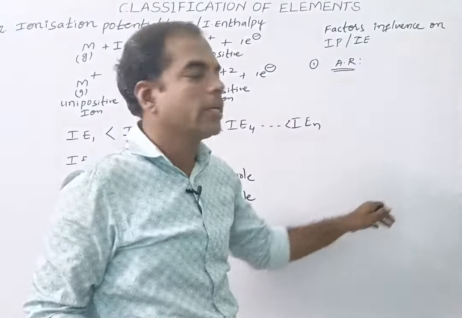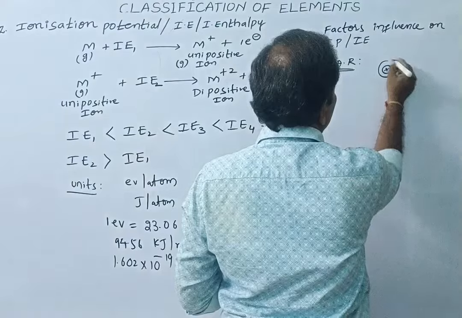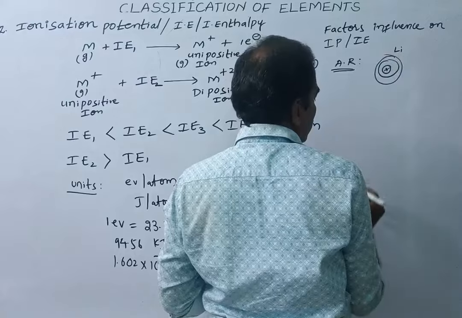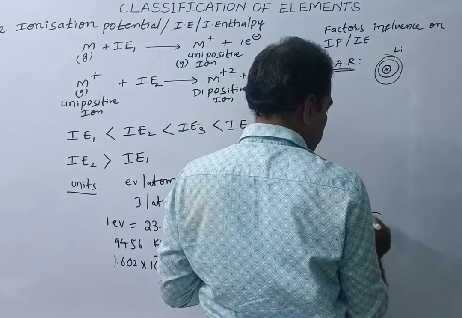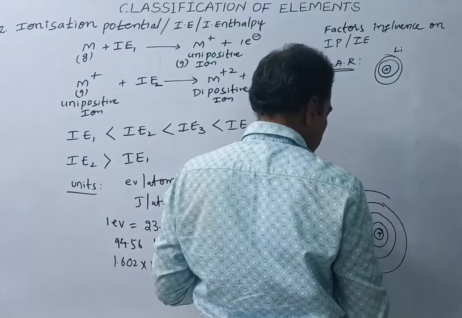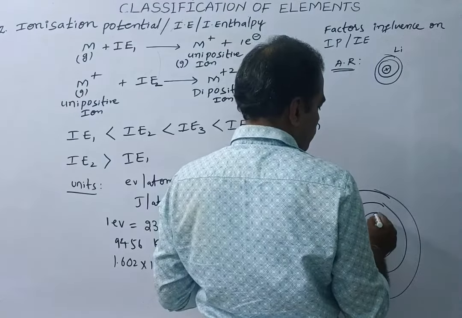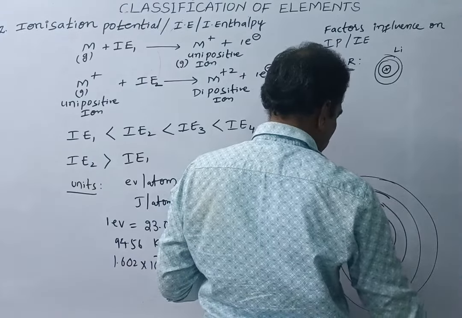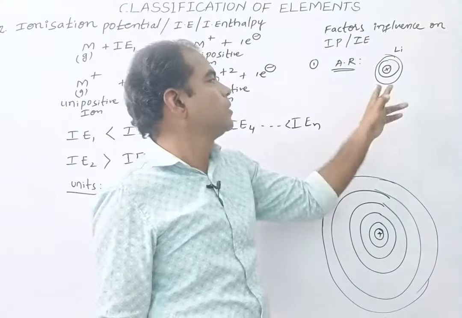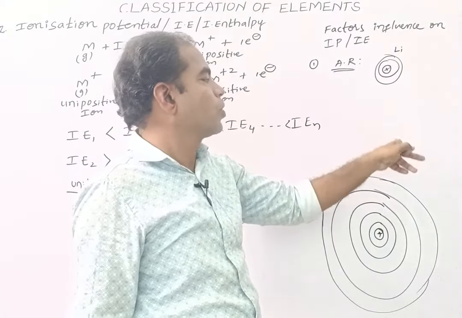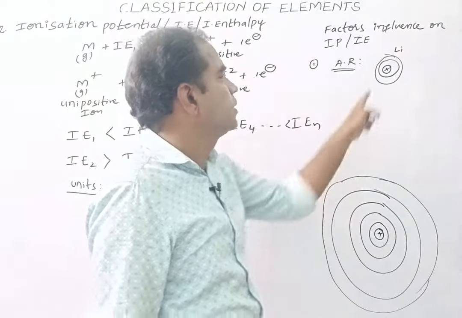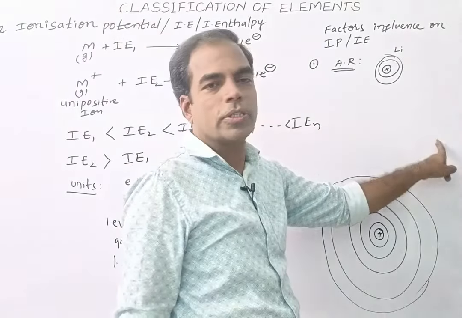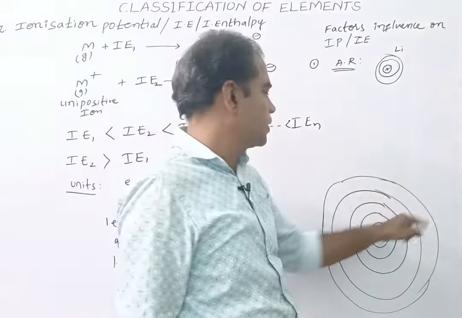See here, let us consider lithium, sodium, potassium, rubidium, cesium. Lithium 1s2 2s1, sodium 1s2 2s2 2p6 3s1, potassium 4s1, rubidium 5s1, cesium 6s1.